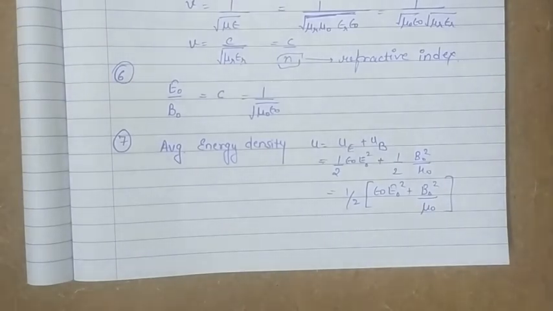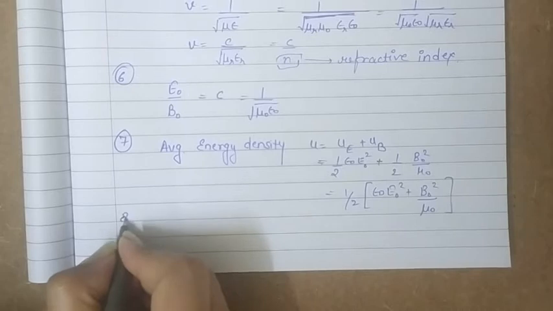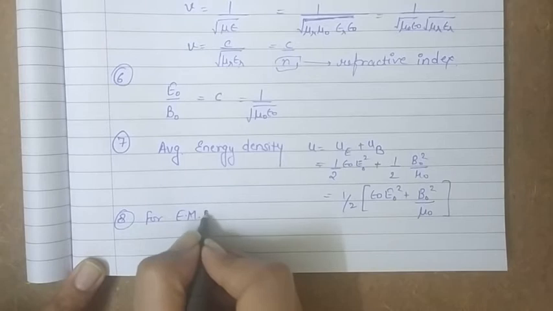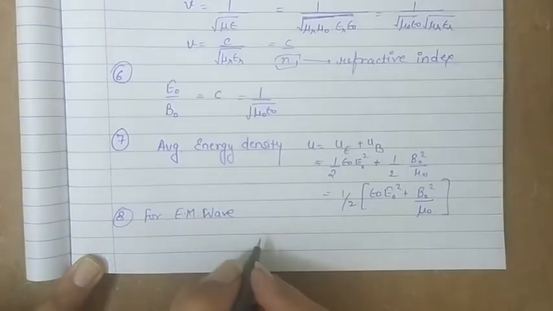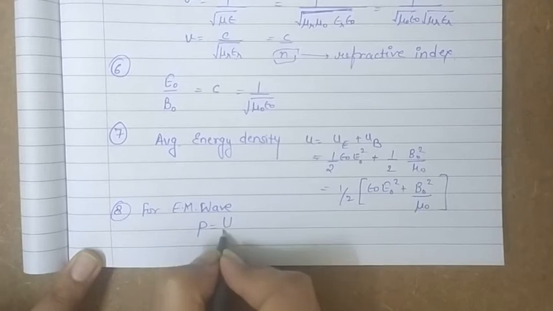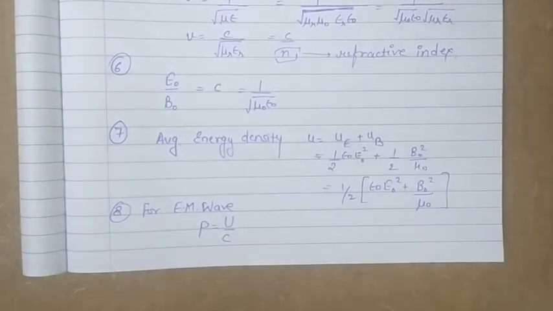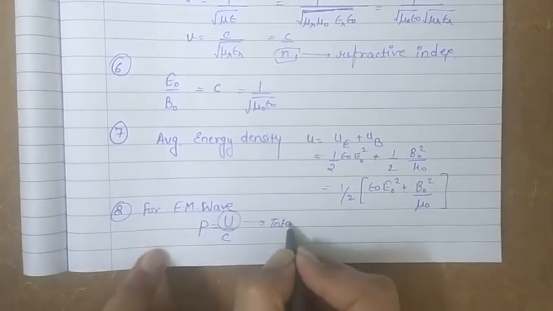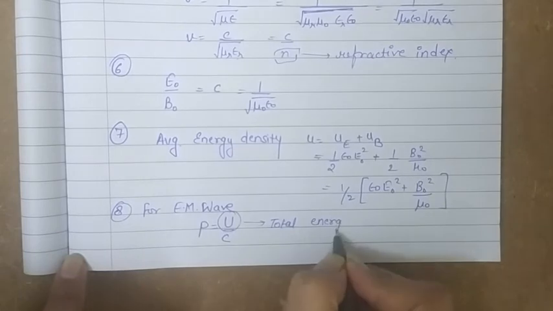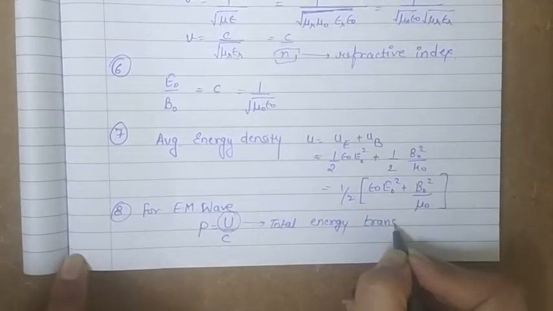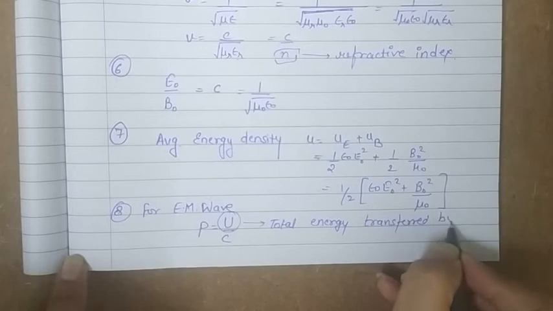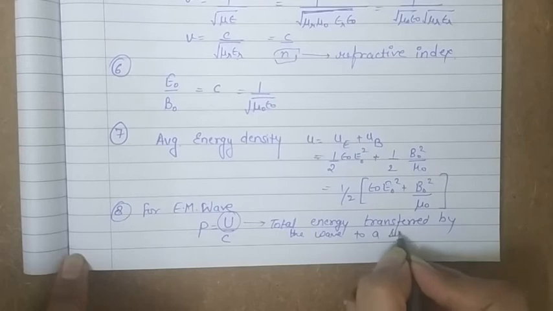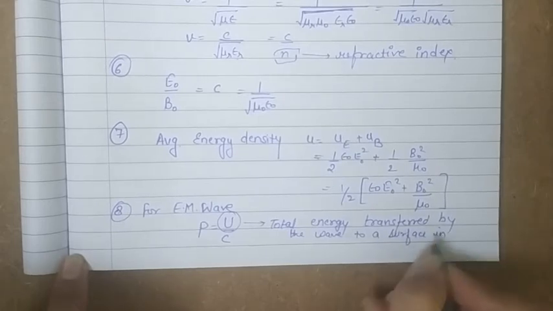Next thing is the linear momentum of this wave. So linear momentum for this EM wave, the linear momentum p is given as U upon c, where U is the total energy transferred by the wave to a surface in time t.